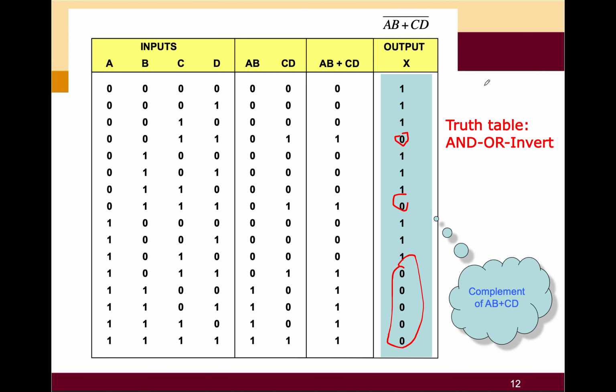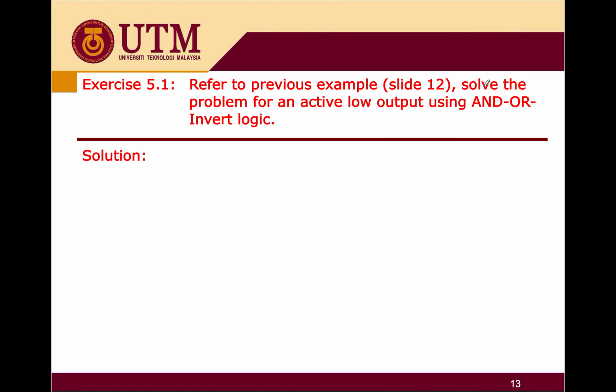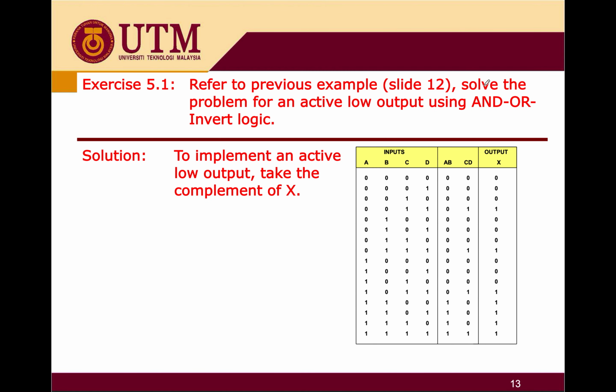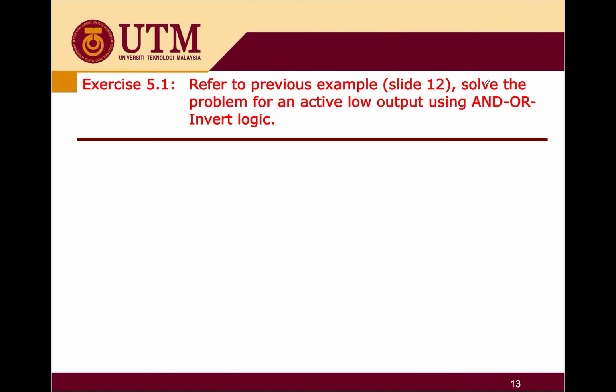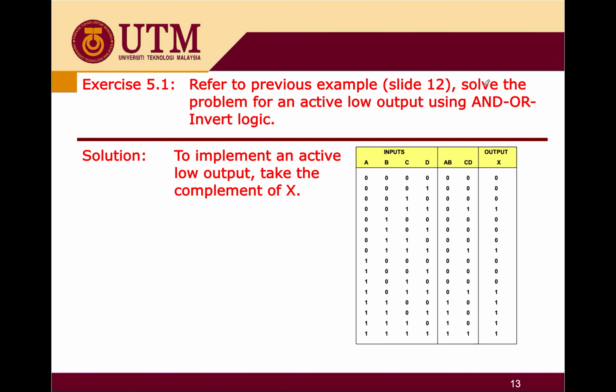This one is already done in your module 4, so I guess it is not difficult for you to simplify. So let's say you were given a truth table like this.